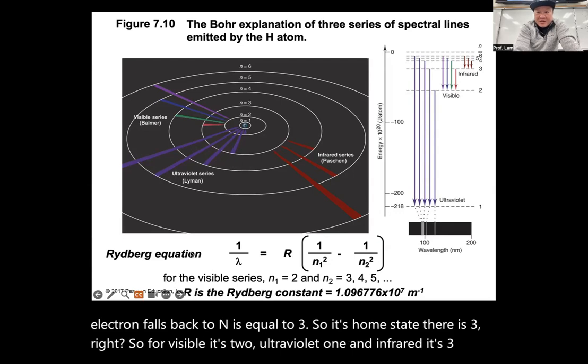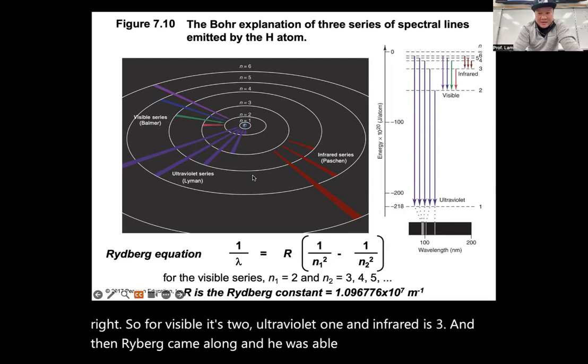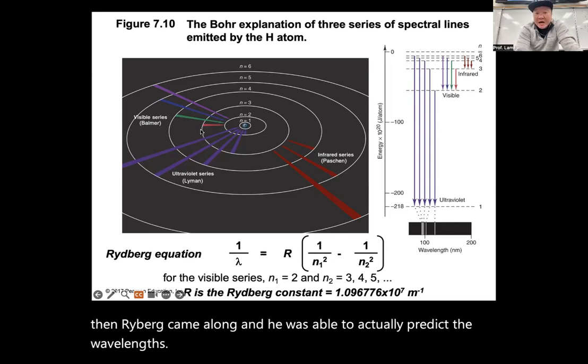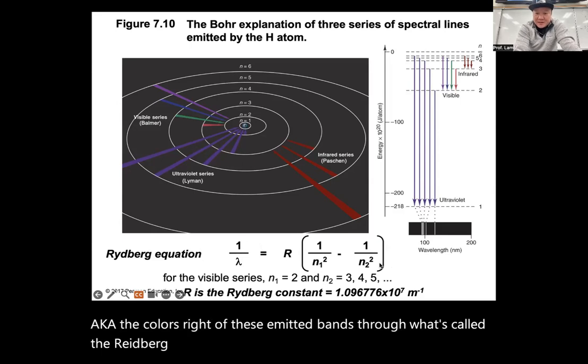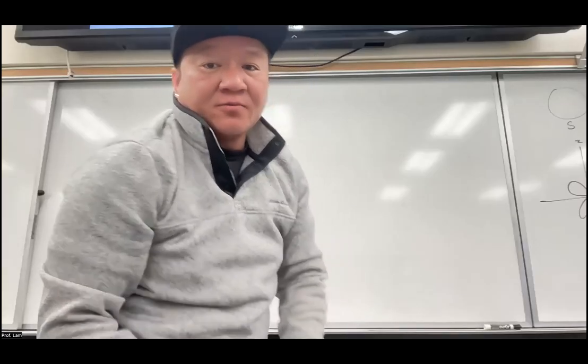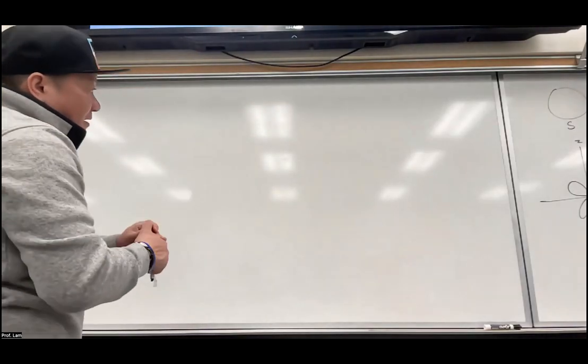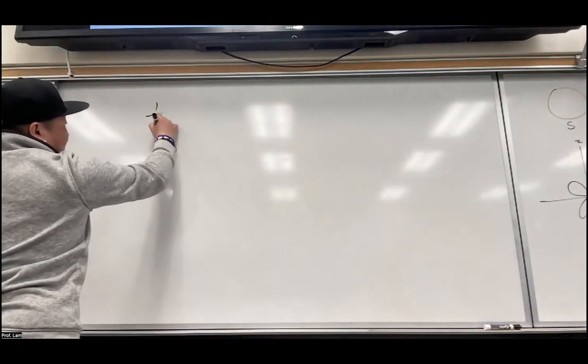And then Rydberg came along, and he was able to actually predict the wavelengths, aka the colors, right, of these emitted bands through what's called the Rydberg equation. And I like this form better, so let me write it down for you guys on the board. 1 over lambda.